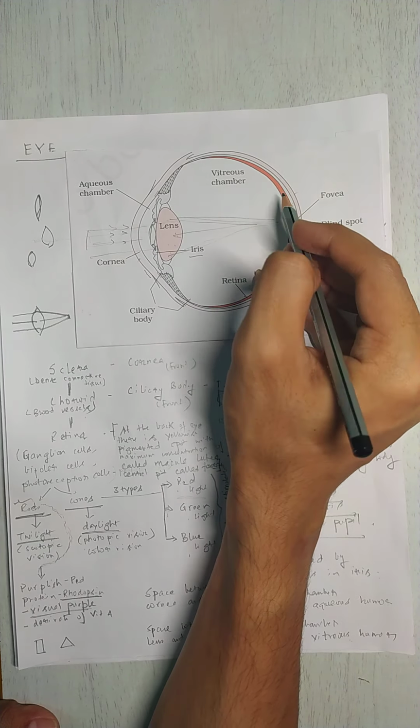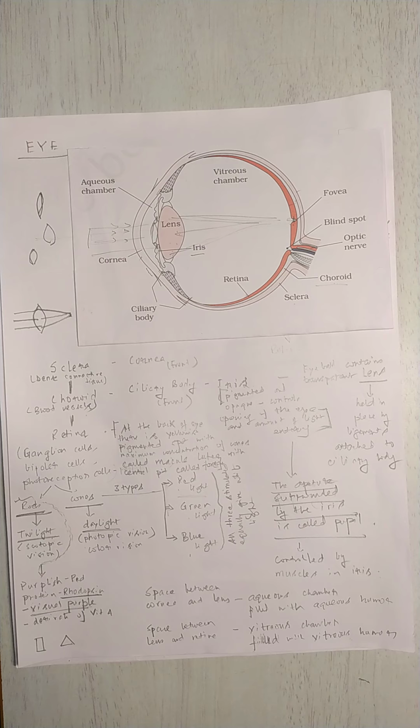So very minute amounts of light can also stimulate the rod cells, the photoreceptor cells, and thereby help produce some sort of an image of the environment even under very low light conditions. This is due to the presence of the rod cells in the peripheral part of the retina, which are extremely sensitive to light.